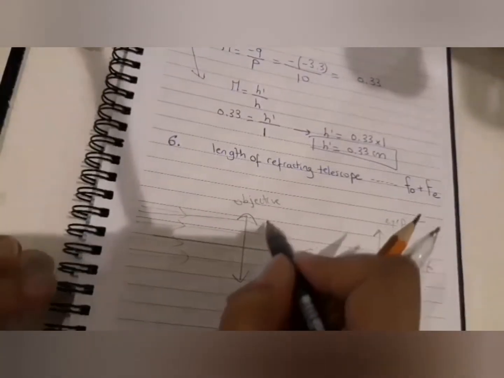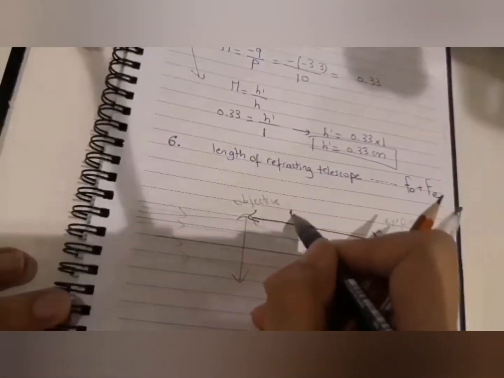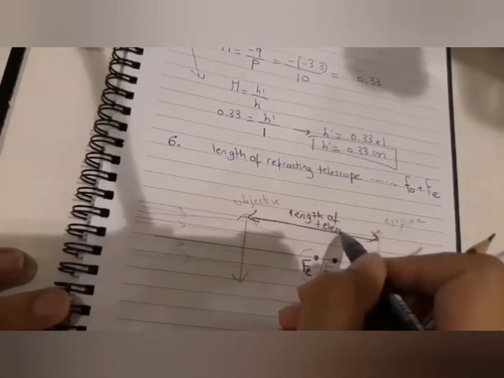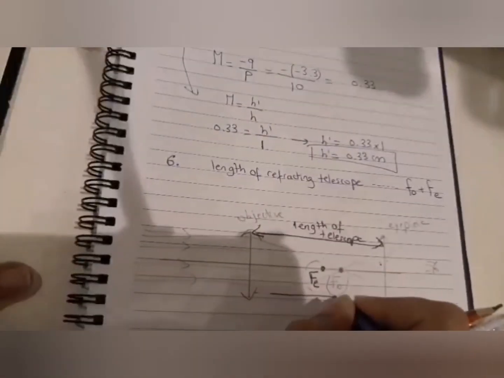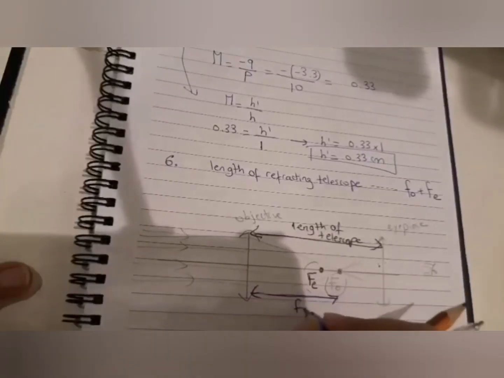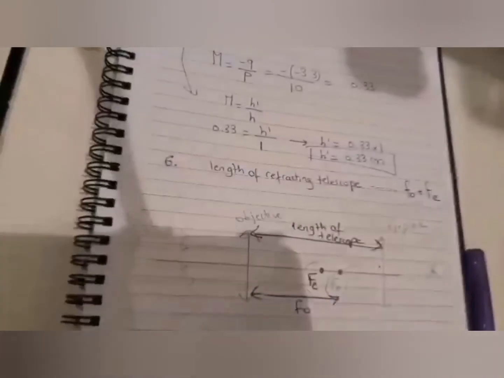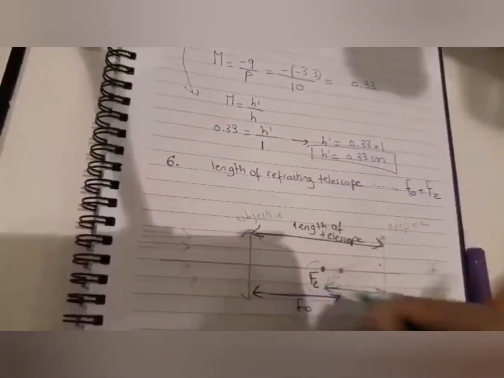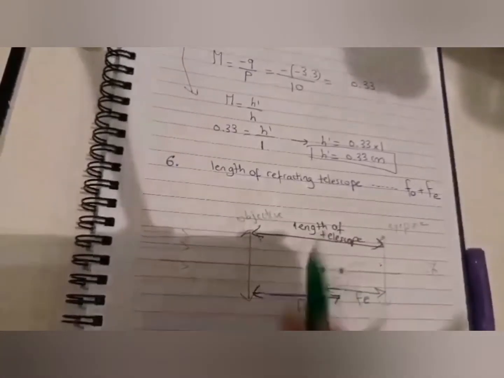Okay, so girls, this is the length of the telescope, all of it. And this is, let's say, the focal length of the objective, and this is the focal length of the eyepiece. Let's compare them.